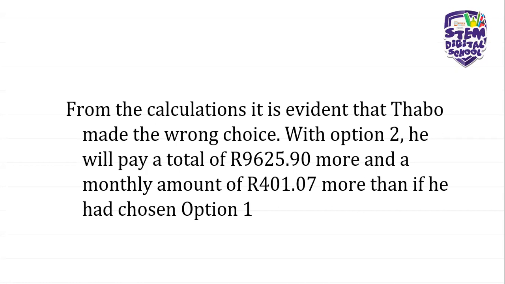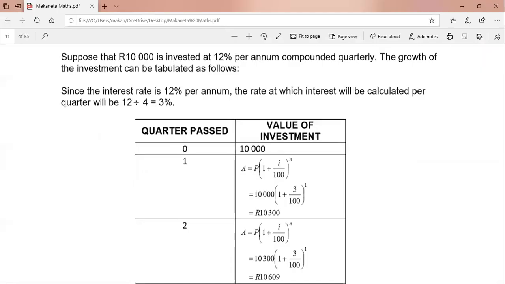Right, I'm just going to demonstrate now that if you make an investment and of course you compound your interest, for instance, quarterly, which means it is 4 times in a year, you must also divide the actual interest by the number of terms.